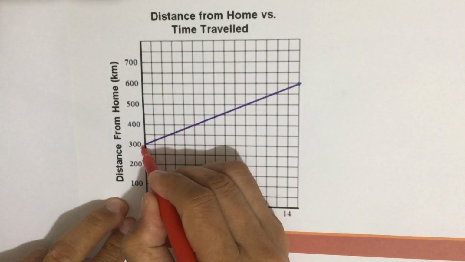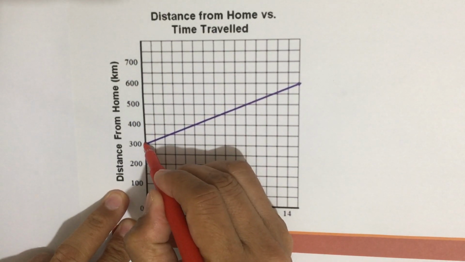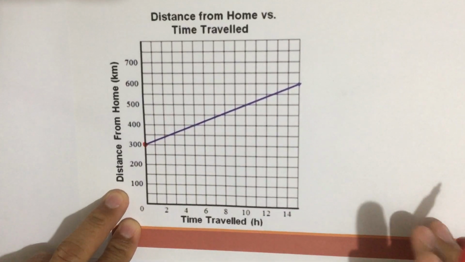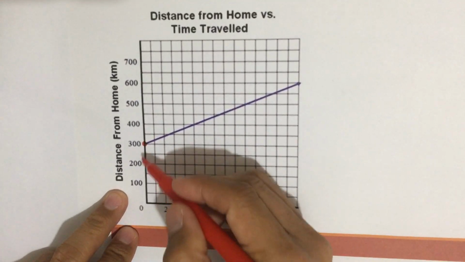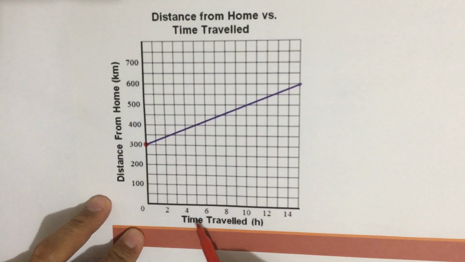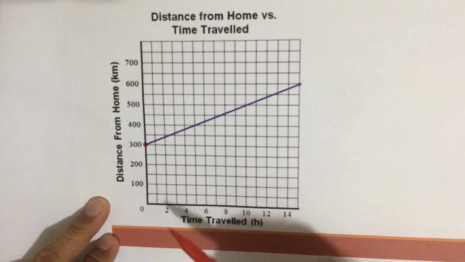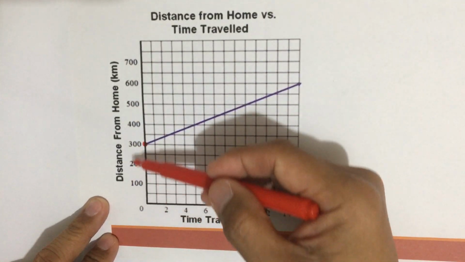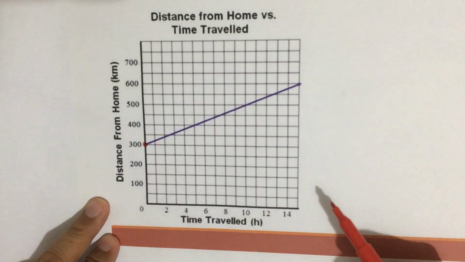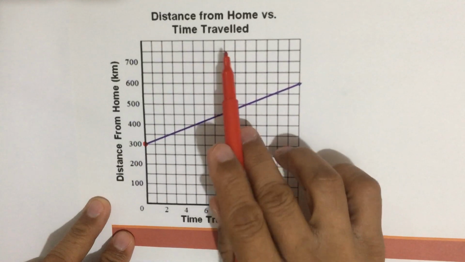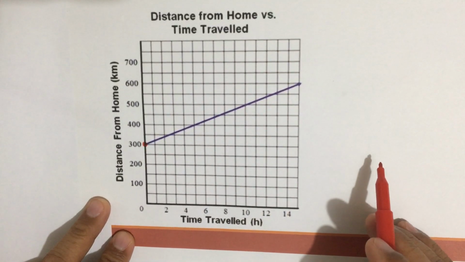Okay, so here, if you look at this point, the beginning, 300. By the way, the horizontal axis is the time traveled in terms of hours, h, and this is the distance from home in terms of kilometers. So distance from home versus time traveled.